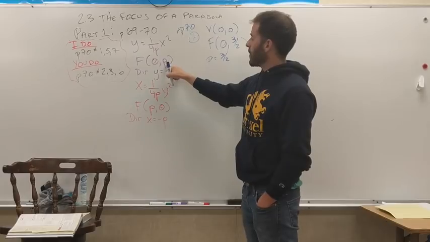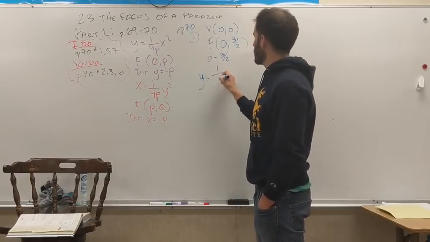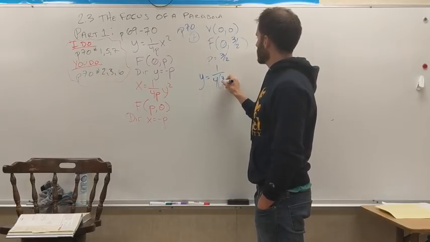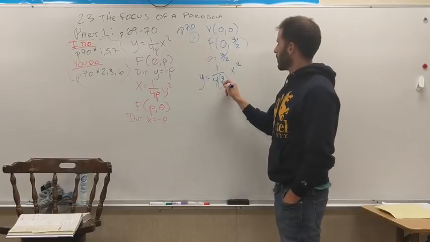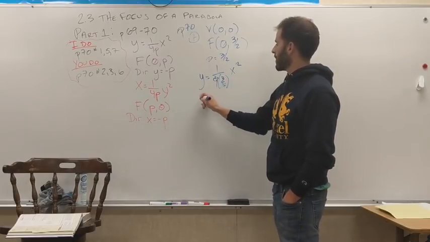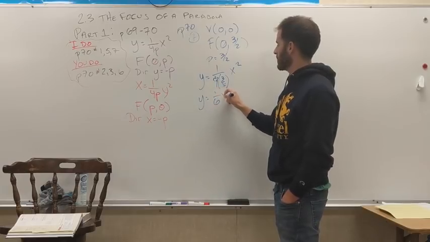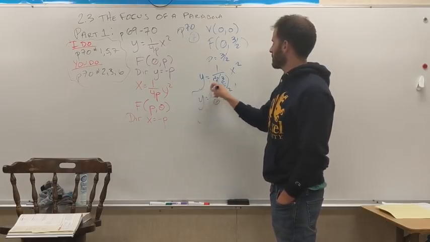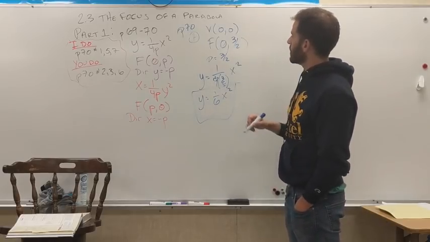I'm using this focus, which means I need to use this equation. Y equals 1 over 4 times 3 halves x squared. Well, the 2 and the 4 can simplify, so I have y equals 1 over 6 x squared. Box it, and this is the equation of a parabola whose vertex is at 0, 0 and focus is at 0, 3 halves.